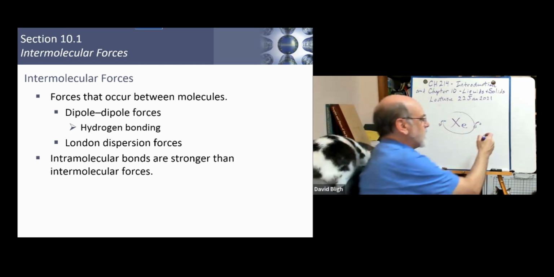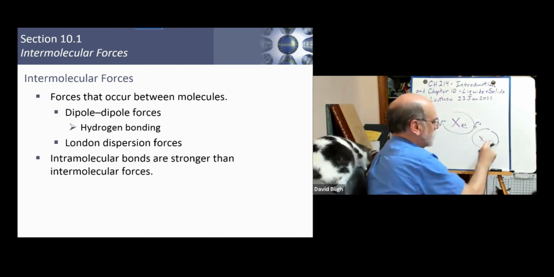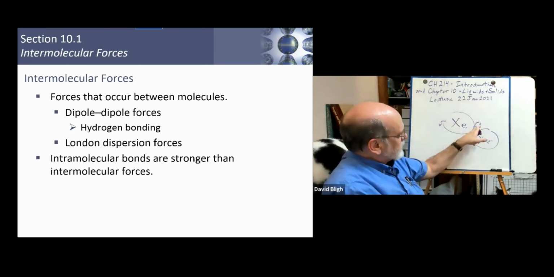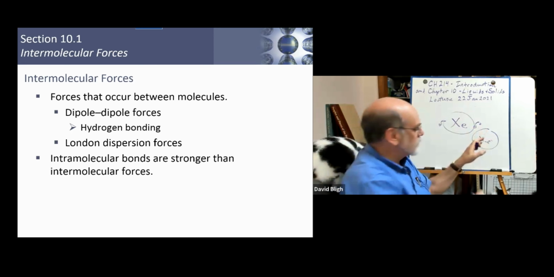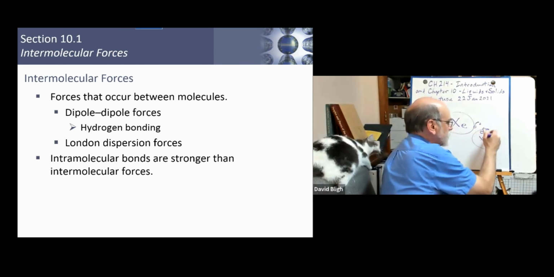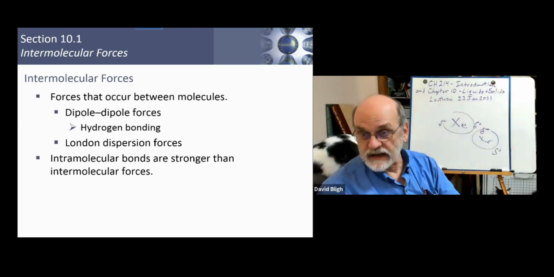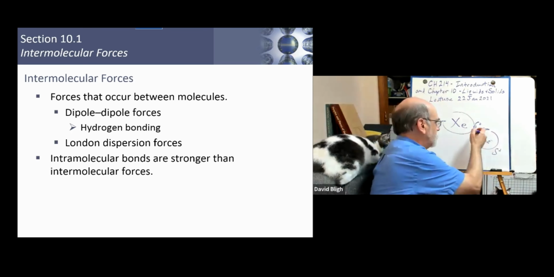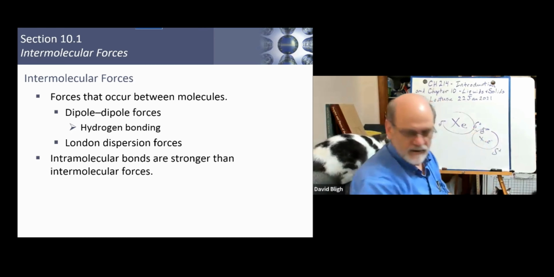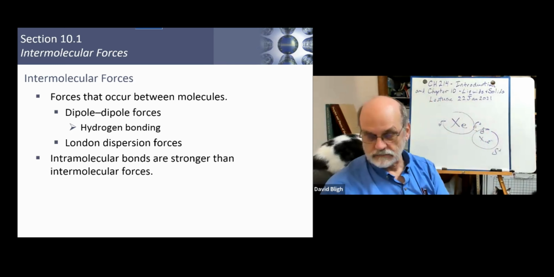Well, when this xenon atom sees this one, and that's positive, that positive attracts electrons. So it responds by redistributing its electron density, right? And now, even for a microsecond, you have an attraction.